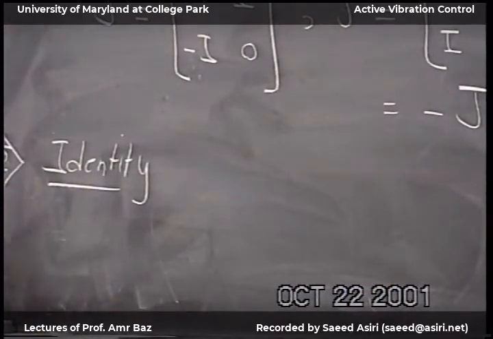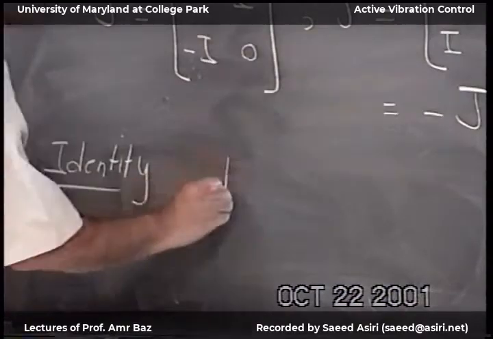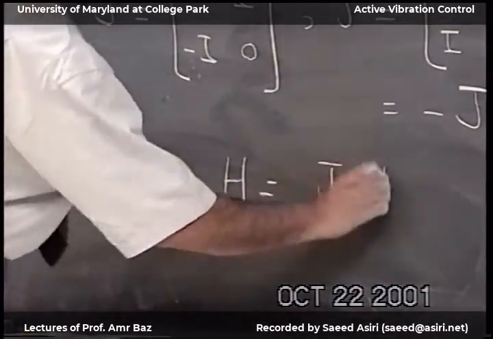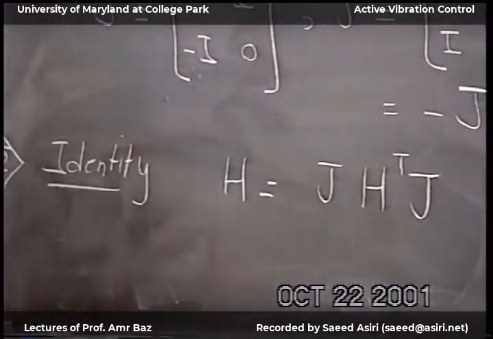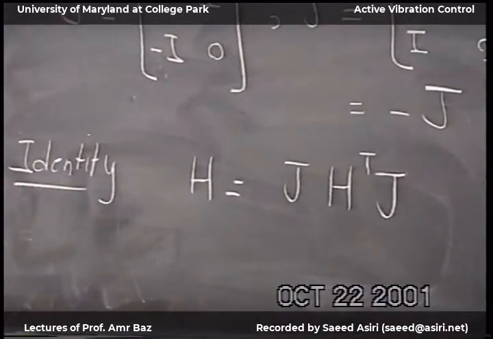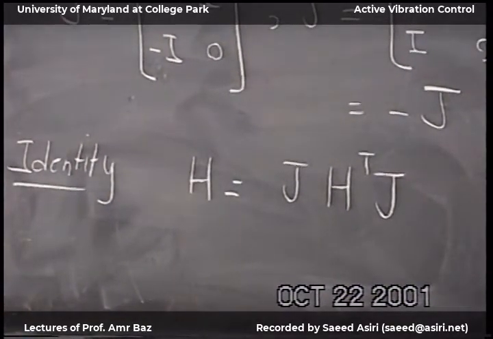Another identity that we want to use is the following identity, that H is equal to J, H transpose and J. And again, the proof of this is very simple.